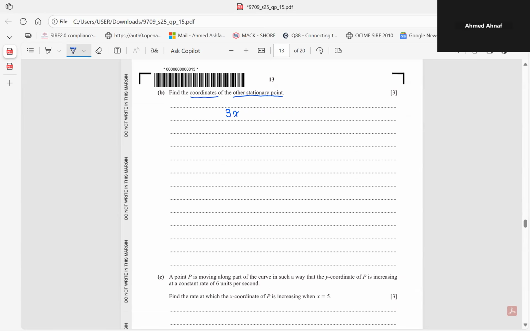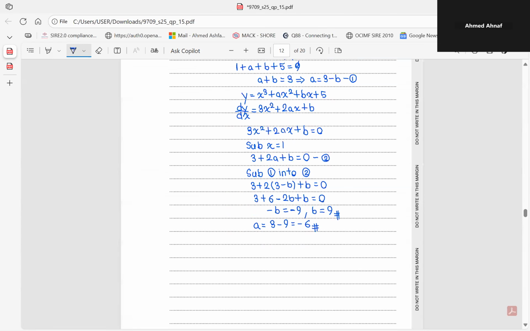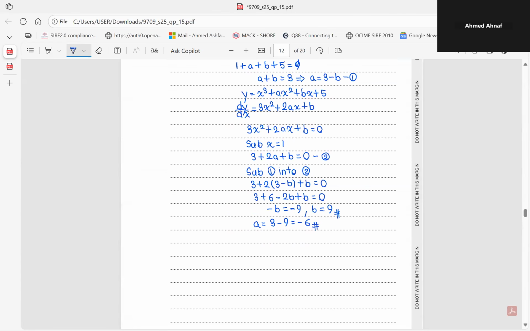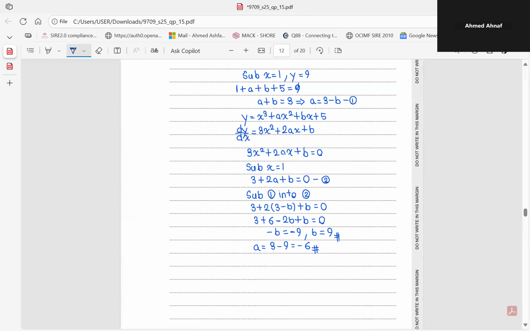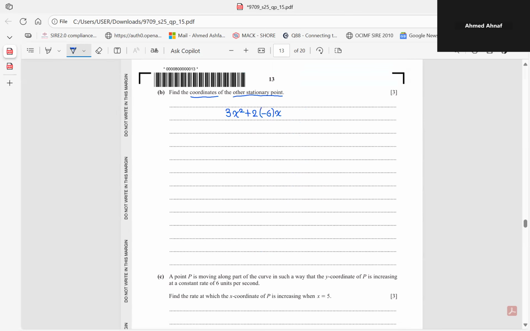So 3x squared plus 2ax, that's 2 times negative 6x, plus b, which is 9, so plus 9 equals 0. So this would just be 3x squared minus 12x plus 9 equals 0.